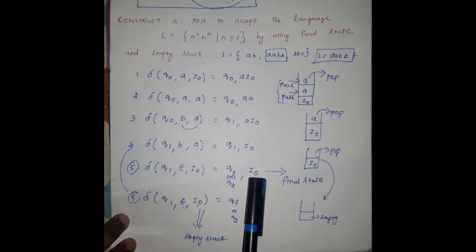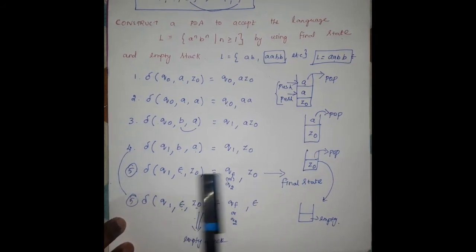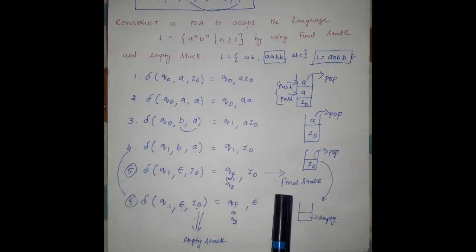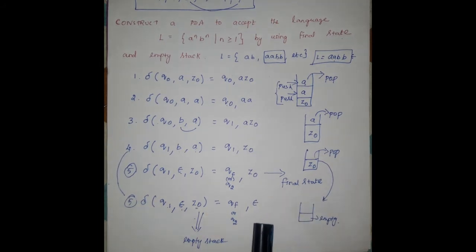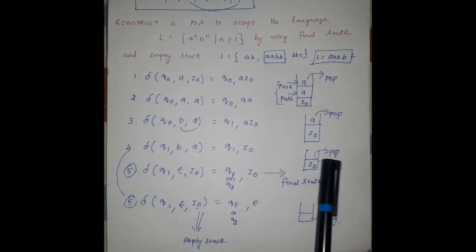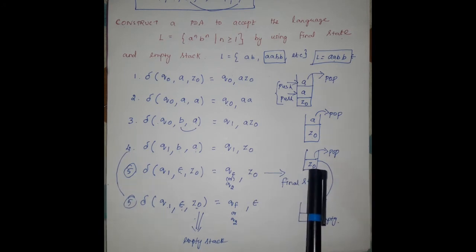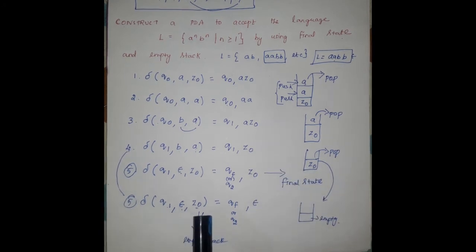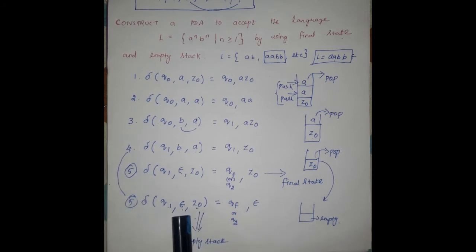Again I repeat, constructing pushdown automata by using final state means we don't have to remove all the elements from the stack. Just after reading all the input symbols we can remain with the same element Z0 in the stack. But by using empty stack, we are considering Z0 as another input element, and epsilon is another input element.